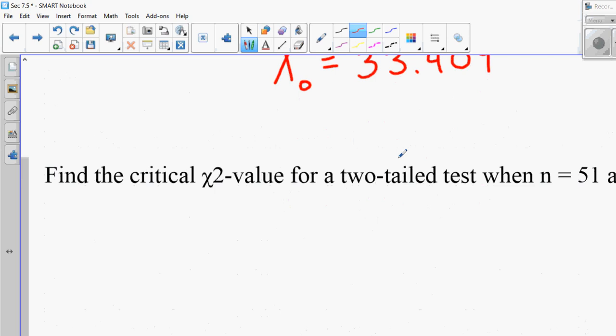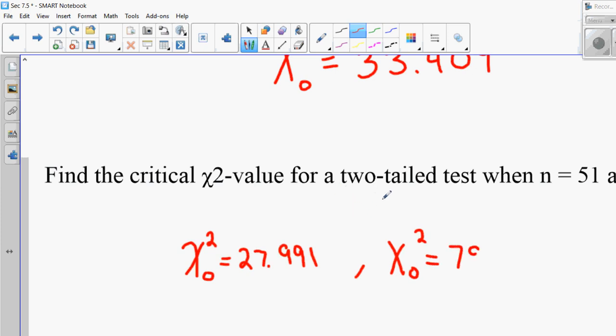If it is a two-tailed test when n is 51, so our degrees of freedom is 50, it is 0.01, so you'd have 0.005 is your one value, and then 0.995 is your other. So your two values here are 27.991, and your other value, I guess I should label these left and right, is going to be 79.490.